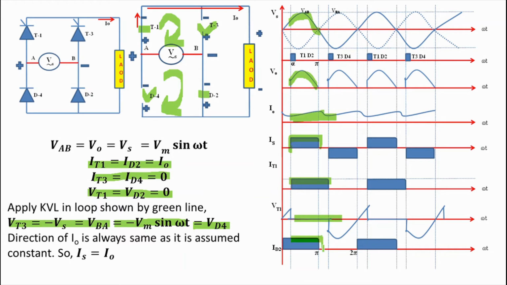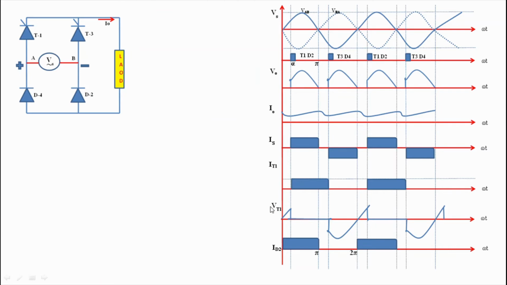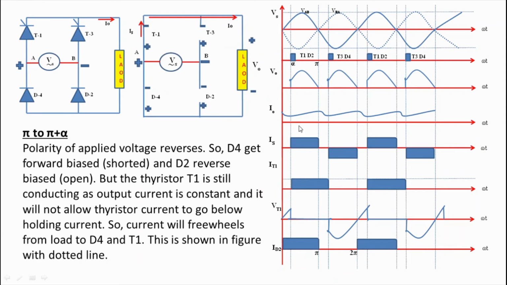Now we will see the operation of this circuit from pi to pi plus alpha. After omega t is equals to pi, polarity of source voltage VAB reverses. Now D4 get forward biased and so it get short circuited. So D2 get reverse bias and act as open circuit. But T1 will continue to conduct even after getting polarity reversed. Why it is so?